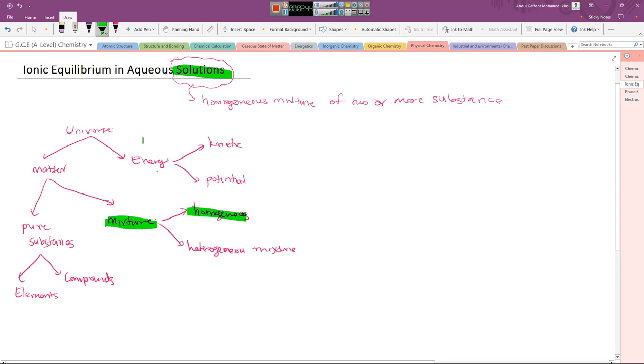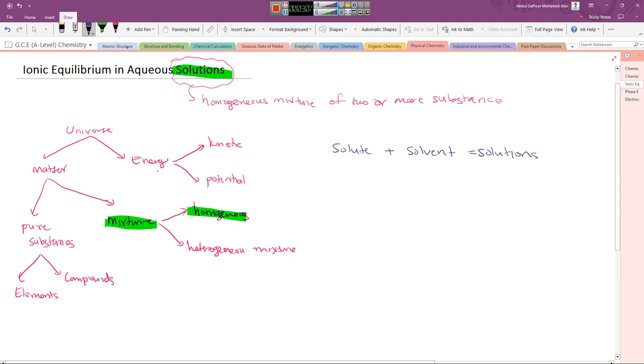Okay, now a solution can be made by mixing a solute and solvent. Solute plus solvent will give you a mixture or solution, right?